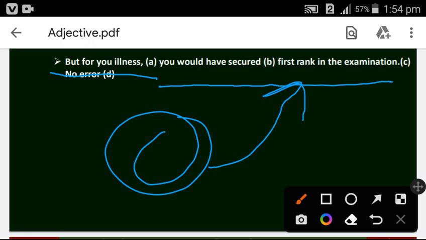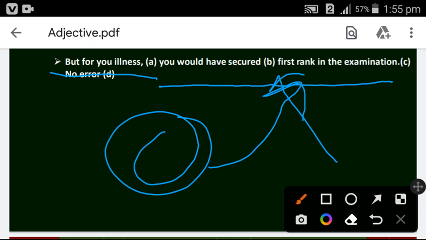As I said in the previous slide, the is used before an ordinal number, and here the ordinal number first is written, so I have to use the before first to correct the given sentence.